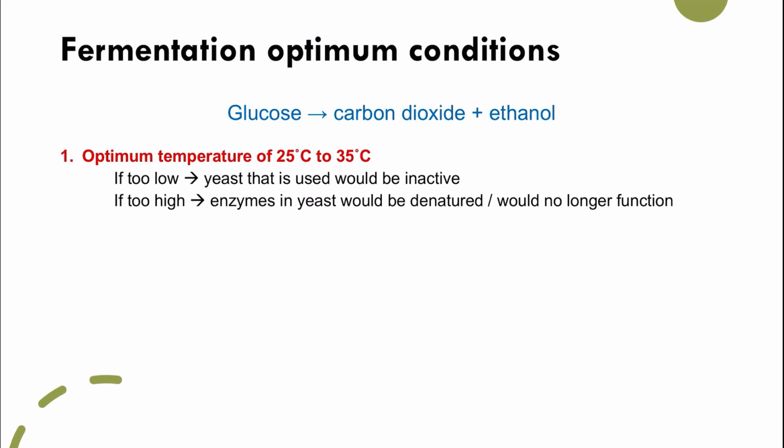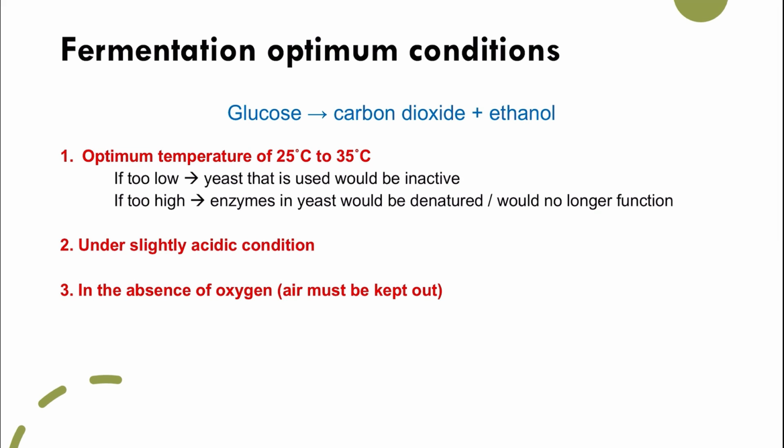If the temperature is too high, we remember that enzymes are proteins, and at high temperatures proteins will be denatured, so they will be completely inactive or destroyed. It usually needs to be done under slightly acidic conditions, and in the absence of oxygen. So air must be kept out. The main reason is that ethanol in the presence of oxygen will be oxidized to give you ethanoic acid. So you will not end up with ethanol, but rather with the acid.